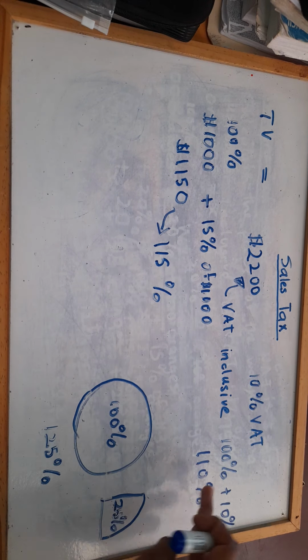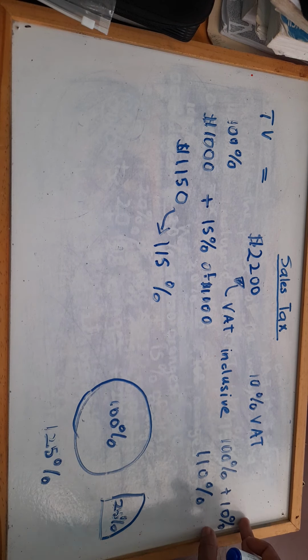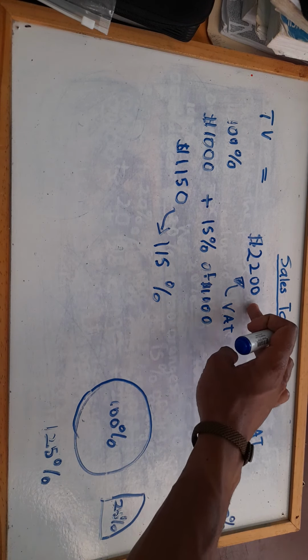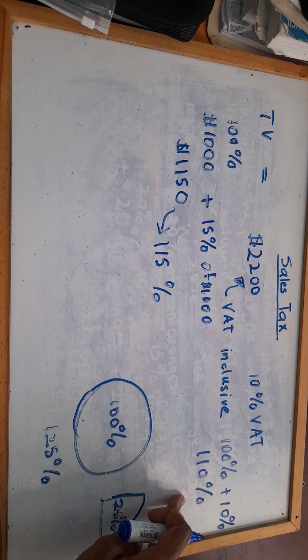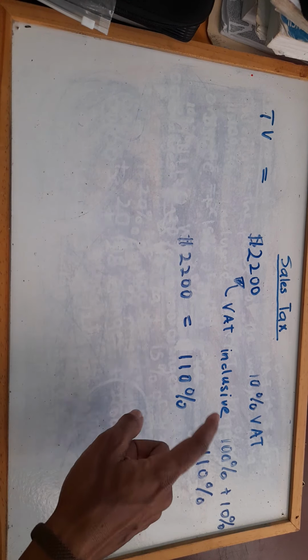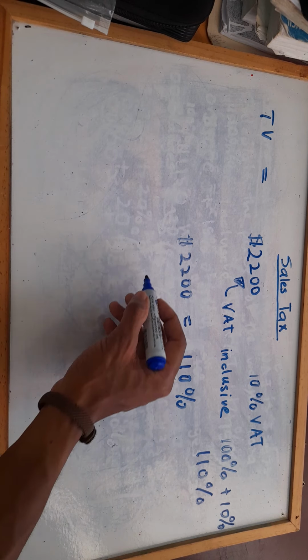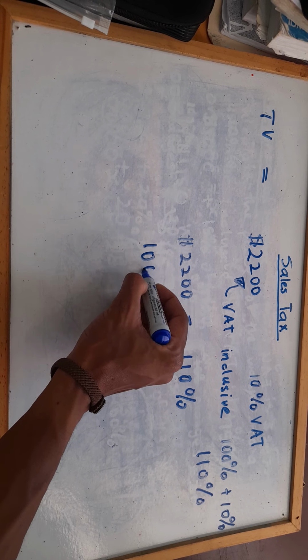So the cost it was before, after VAT is added, gives us this. So this price is 110%. So this VAT inclusive price is 110%. Now we want the price before VAT. And if we can remember, the price before VAT is 100%.